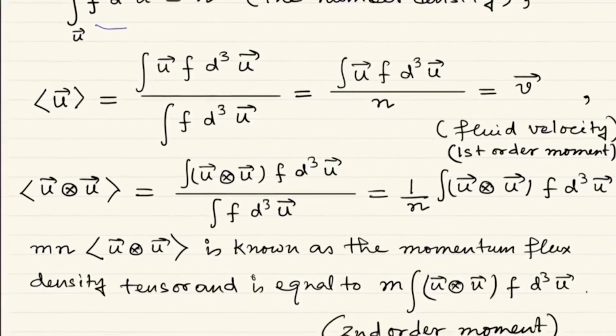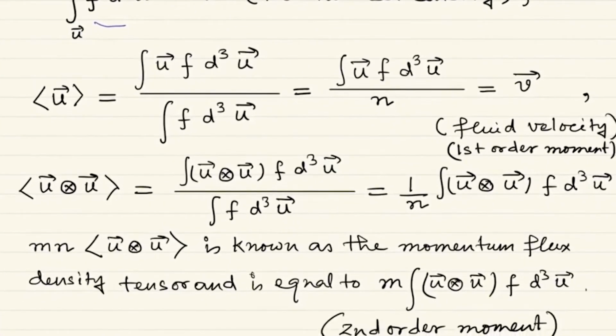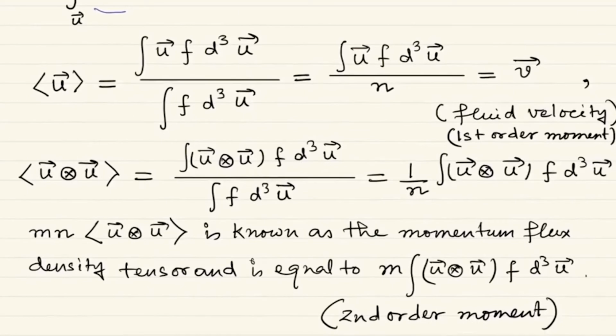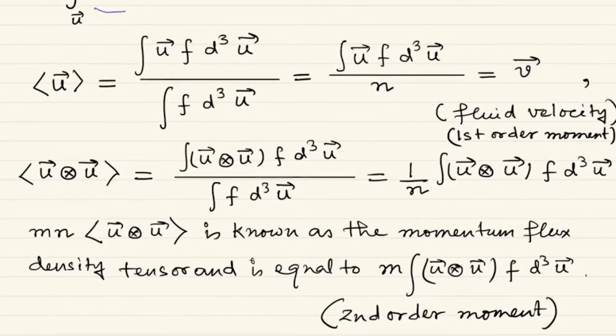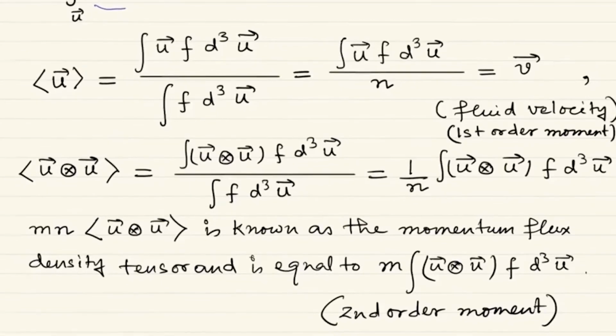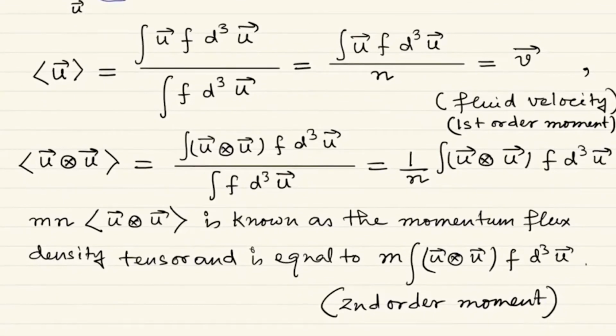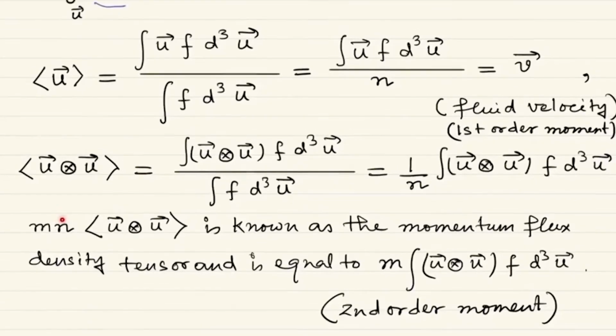Already I discussed these things. Now this thing, m n times u tensorial u. One thing that should be clear is that u tensorial u, inside the angular bracket, should have the dimension of u square. So m n times the angular bracket of u tensorial u: n is the number density, m is the mass of one particle, so this is the mass density.